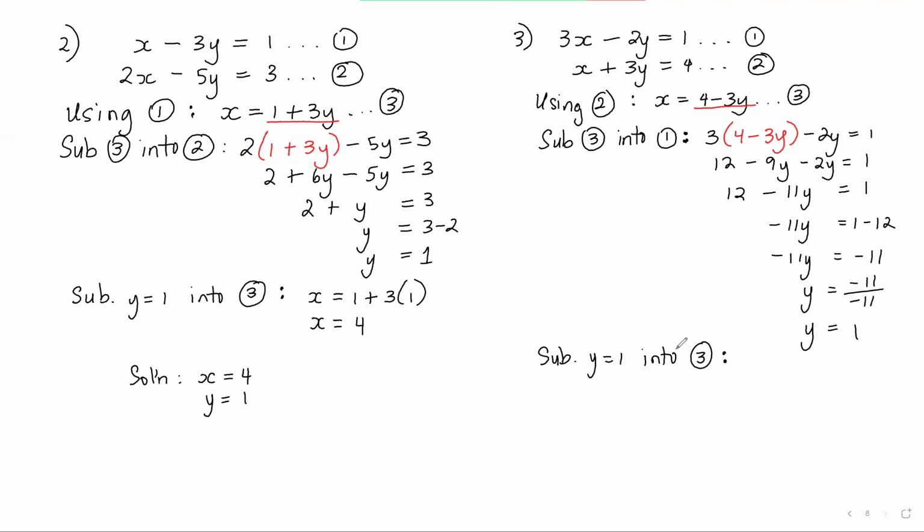So substituting y is equal to 1 into 3 would be x is equal to 4 take away 3 times 1. That is 4 take away 3, which is 1. So for this one, the solution is x is equal to 1 and y is also equal to 1.